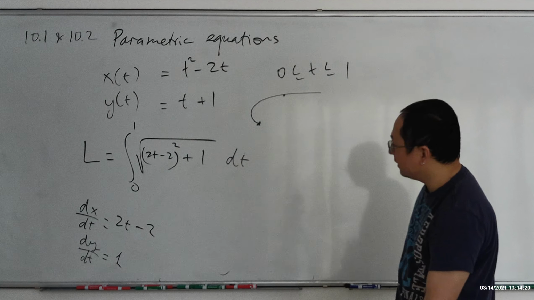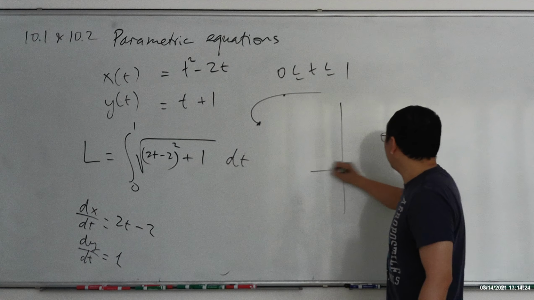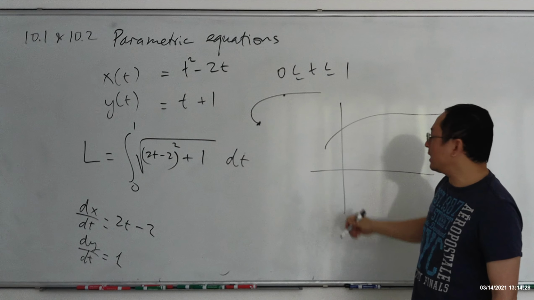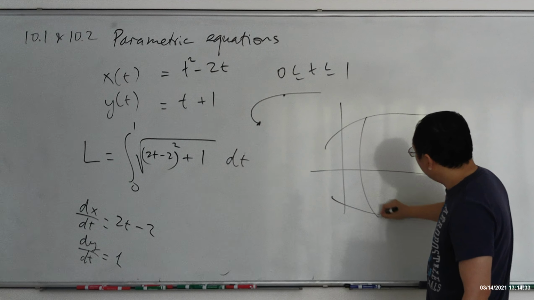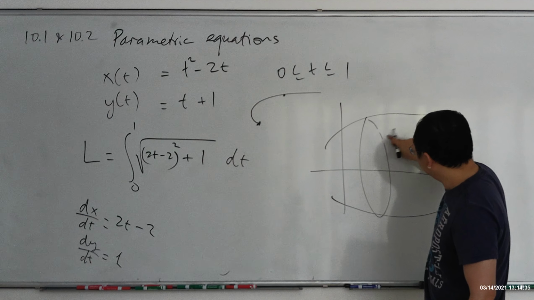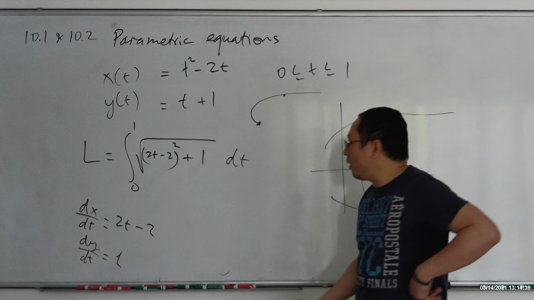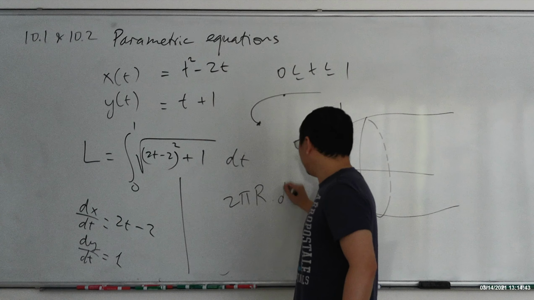Okay? And of course, same thing for the surface area. Remember what we learned before? Say you have a curve and you are rotating it about, say, the x-axis or the y-axis. Say rotating about the x-axis. And you want to calculate the surface area. The general formula that I gave you before was 2 pi r times ds, right?